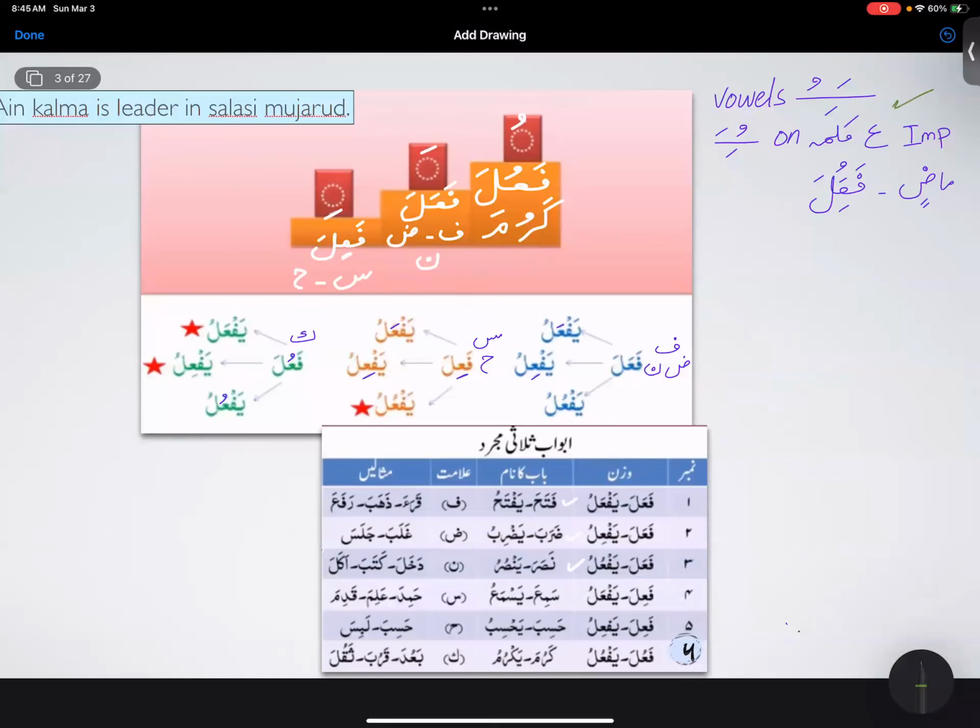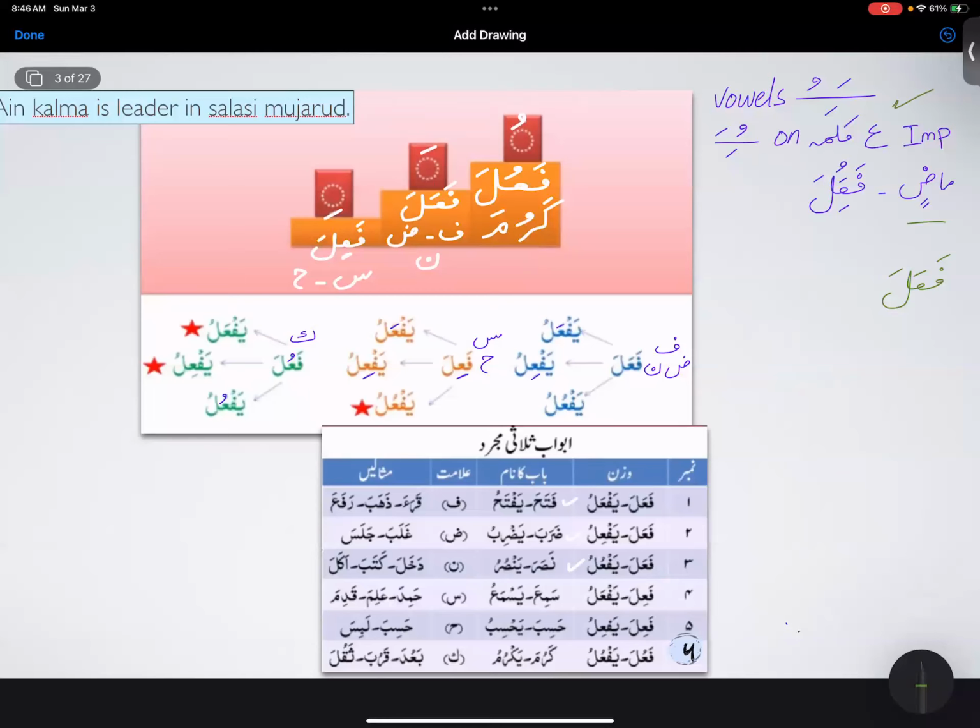So if we take the Madi version, how many different variations can we have? Why am I using fa'ala? Because this is always the wazn. This is the wazn we're going to find in all the books, right? So this is the most common wazn they use for anything.